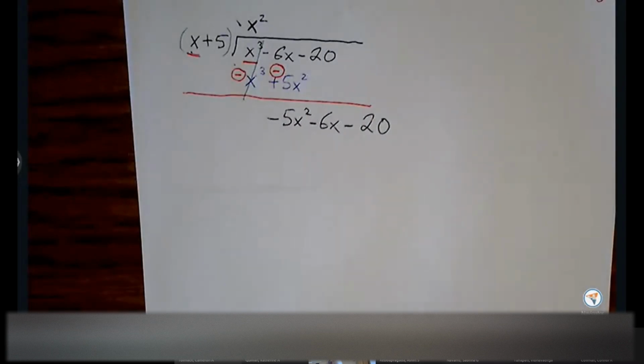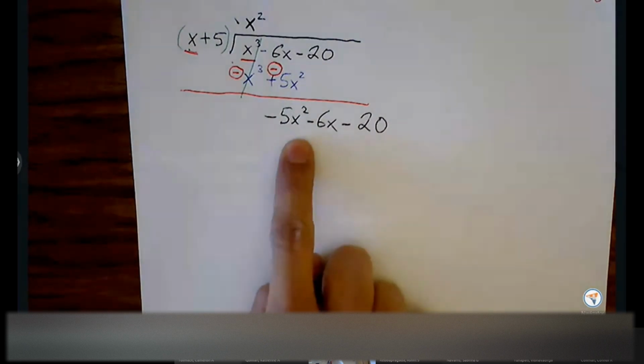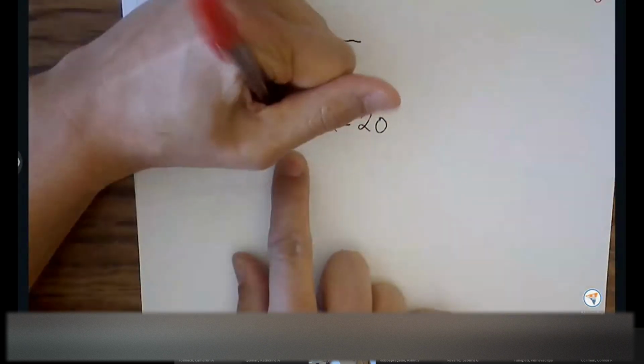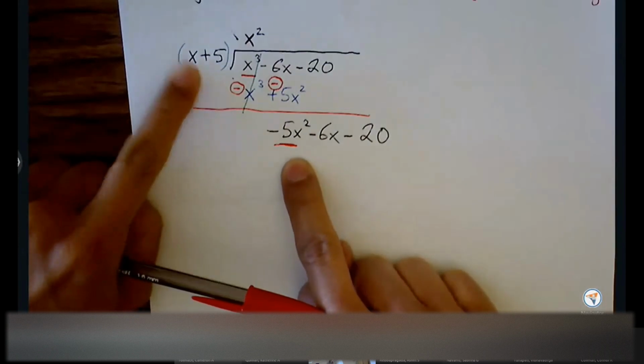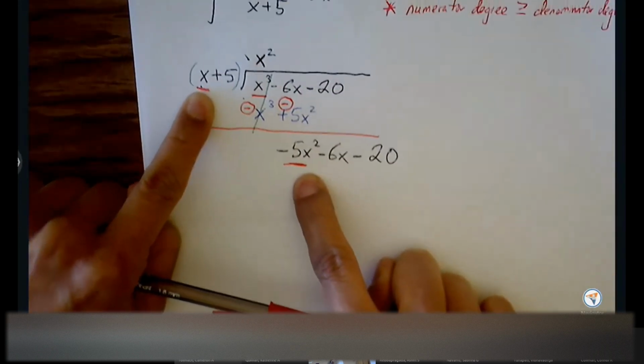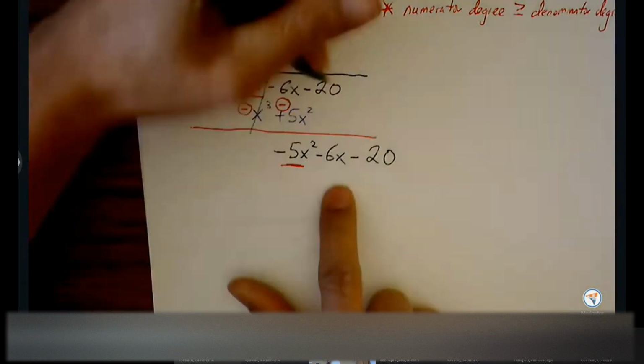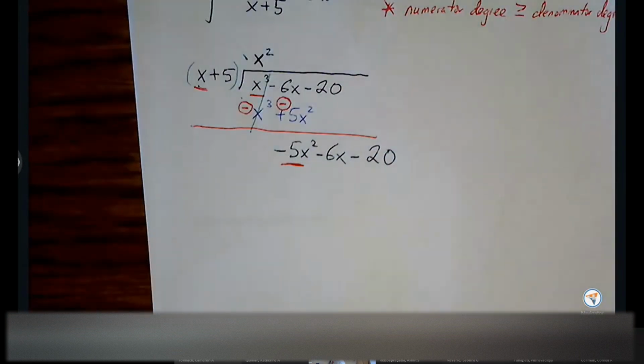We're going to cycle back and repeat the process that we started with. Look at the x, look at the negative 5x squared, and we're going to ask ourselves, x times what gives me negative 5x squared? Negative 5x. You're going to put a minus 5x next to the x squared.